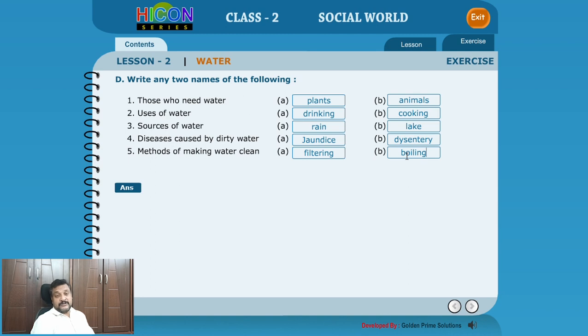The open water sources like lakes, ponds, rivers may have the bacteria which can cause jaundice or dysentery. 5. How can we make water clean? There are different steps by which we can make the water clean. One is filtering, second is boiling, right? So now I'll keep the screen for a while just to go through that.